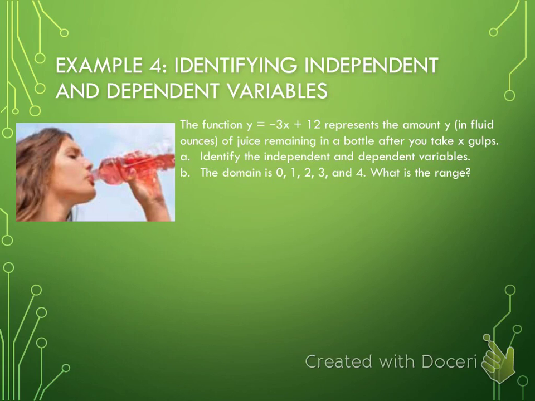The amount y of juice depends on the number x of gulps. Therefore, y is going to be the dependent variable, and x is going to be the independent variable.